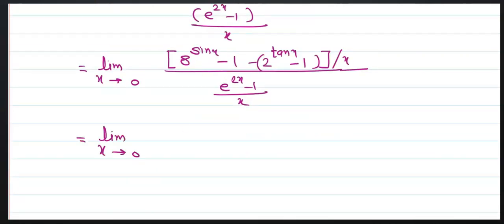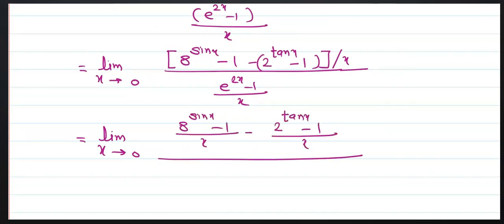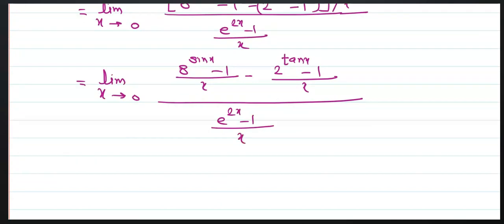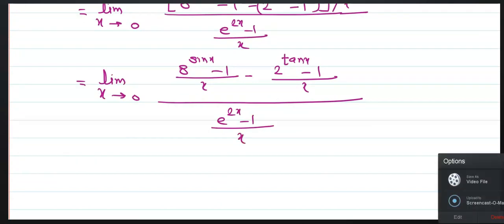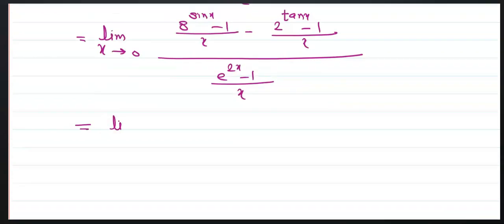That is, we divide numerator and denominator by x: 8 raised to sin x minus 1 upon x minus 2 raised to tan x minus 1 upon x. This is the first part. But the exponent of this 8 is sin x and the exponent of the 2 is tan x. Therefore, we require the same function in the denominator.